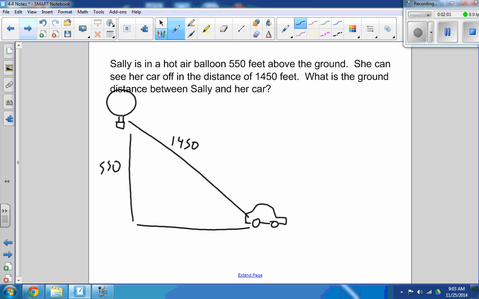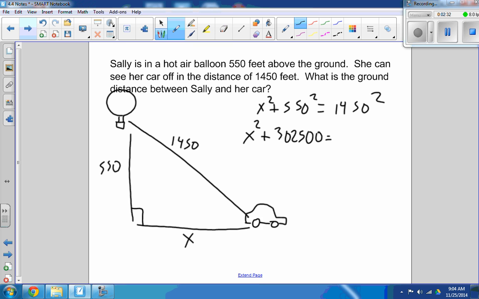So this distance. All right, so we have a right triangle problem here. So x squared plus 550 squared equals c squared, 1450 squared. So x squared plus 550 squared, which is 302,500.